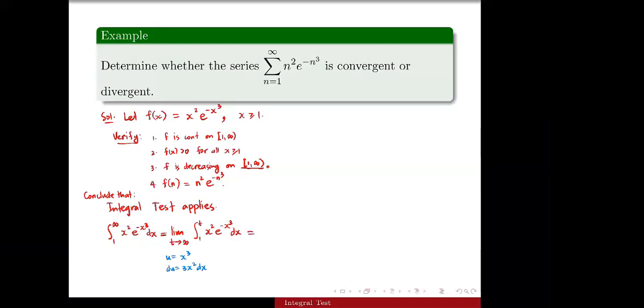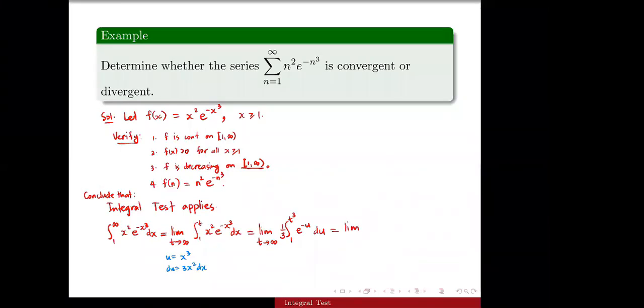So this guy here will have the limit as t approaches plus infinity of 1/3, because of this 3 here, and then e to the negative u, and the limits of integration will be from 1 up to t cubed, and then you have the du here.